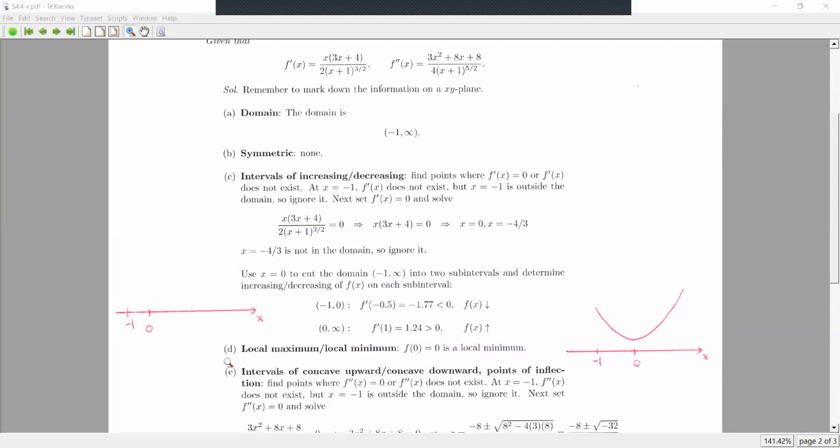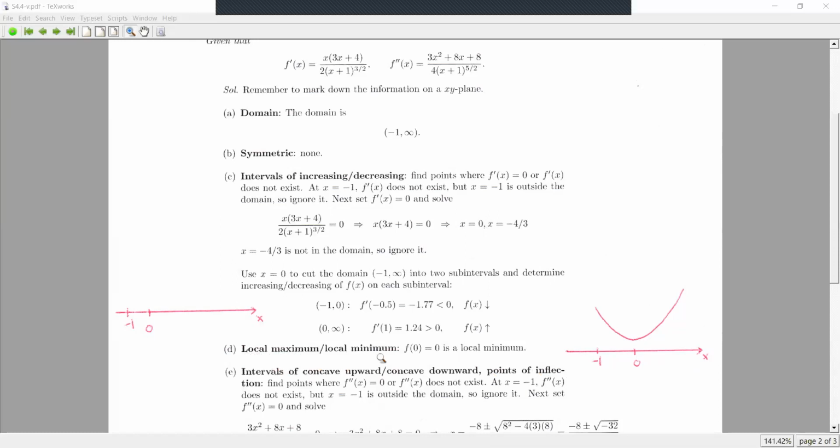Now, step 4. After we have increasing, decreasing information, then we can tell local maximum, local minimum. Here, I roughly sketch the graph of the function f. Not accurately. This sketch is just for answering this question.